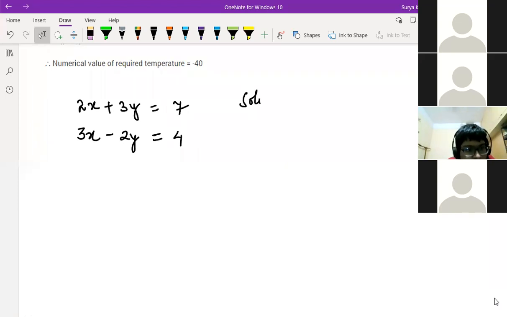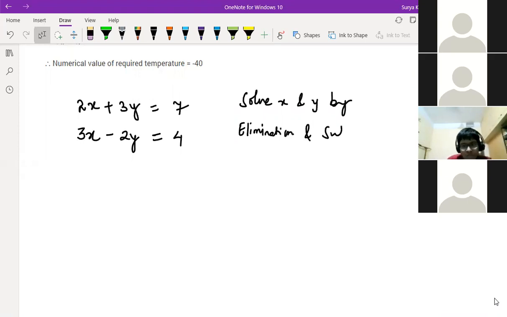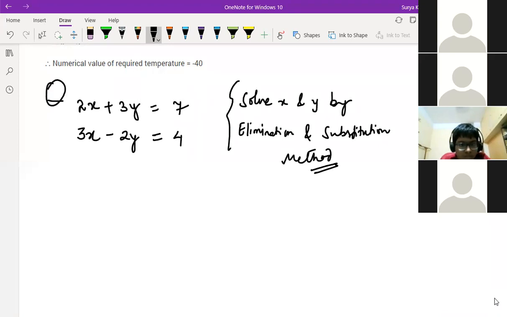Solve for x and y by the elimination and substitution method. All of you solve for x and y by the substitution method. If you cannot do it, just tell me immediately.